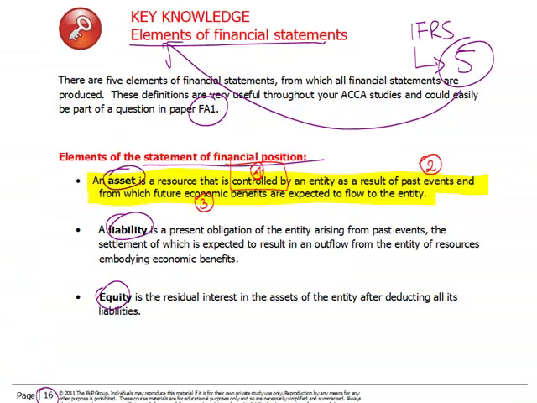So that is about assets. Liabilities. Now that must be a present obligation arising from a past event, as a result of which there will be some outflow of economic benefits. So again, 3 critical bits of that definition: present obligation, past event, and this time an outflow of economic benefit.